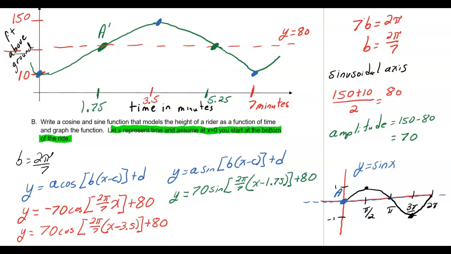If I wanted to, I didn't have to use that point. I could have focused on the second green dot, A prime, but this time notice there is a reflection, so y is equal to negative 70 sine 2 pi over 7. This time the shift is x minus 5.25, and then it's still plus 80.